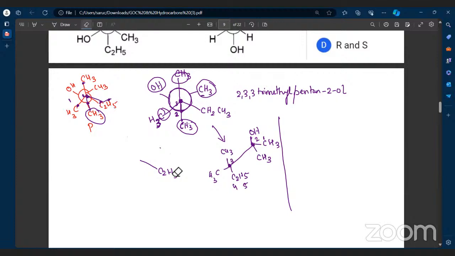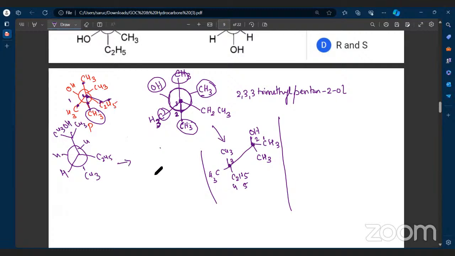Okay. So what is the second compound? You have C2H5, hydrogen. Here you have CH3, CH3, OH. And here you have hydrogen, CH3. Now what you have to do is write it in the Sawhorse. So how will you write the Sawhorse? Consider this carbon as the center.